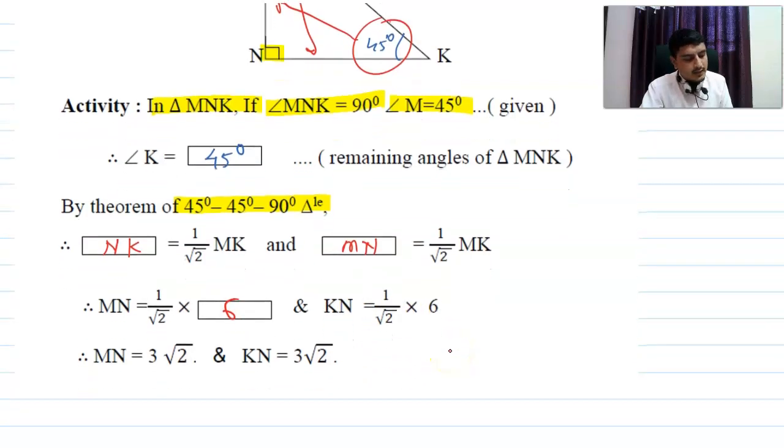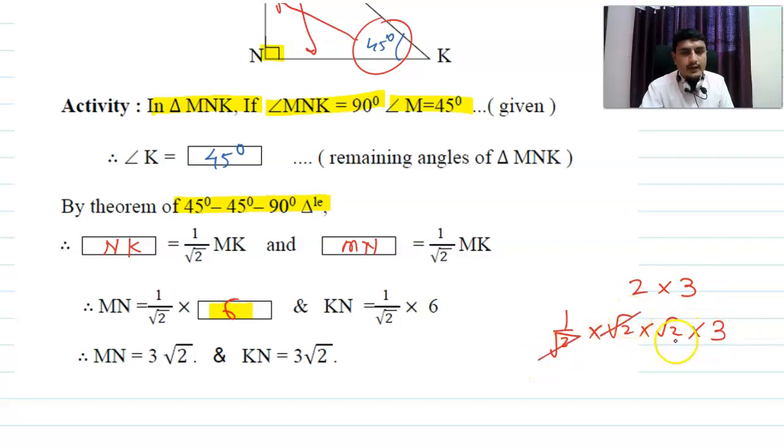So we get 1 upon root 2 into 6. We may write 6 as 2 into 3, and 2 as root 2 into root 2, with 3 as it is. So 1 upon root 2 times root 2 into 3: the root 2 from numerator and denominator gets cancelled.